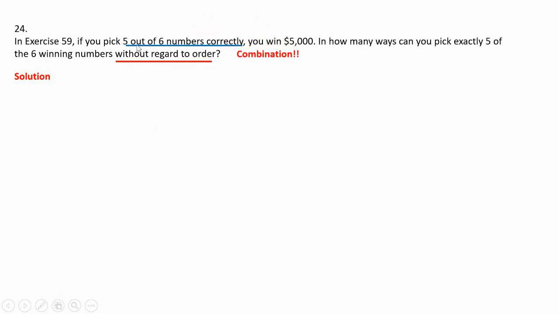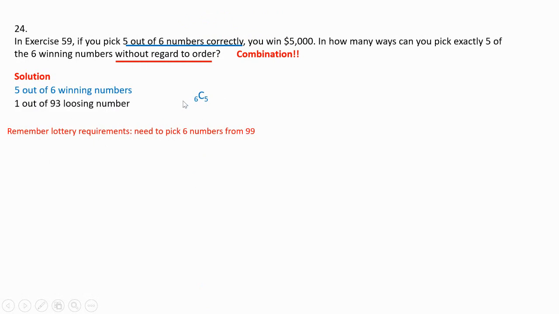So it's going to be 5 out of 6, so 6 combination 5. And then we're going to multiply by, remember the lotto requires you to pick 6 out of 99 numbers, so 93 combination 1.